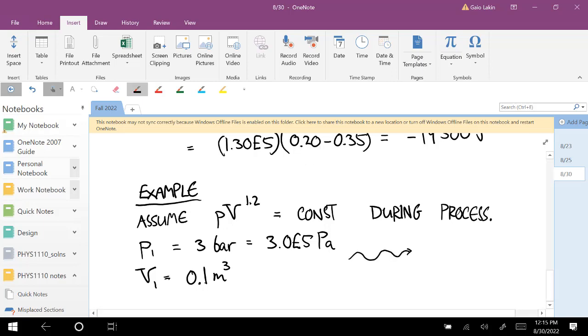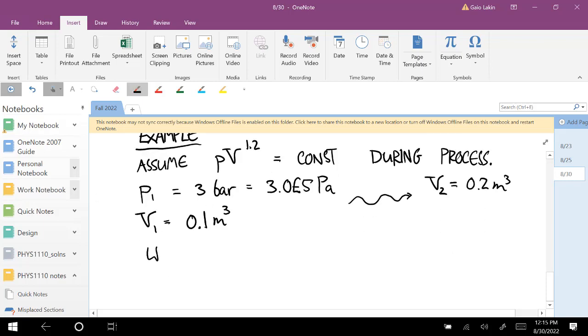And then we go through the process and we end up with a volume at that second instant of 0.2 cubic meters. And we want to calculate the work.